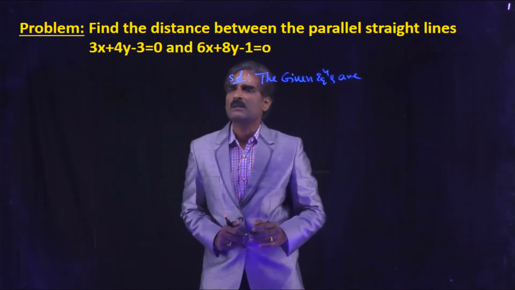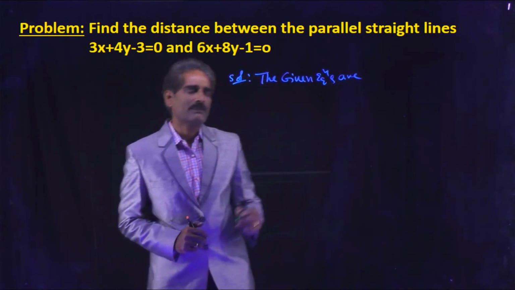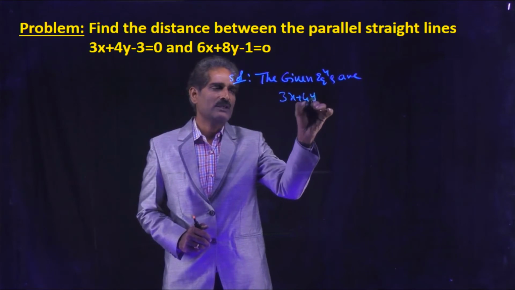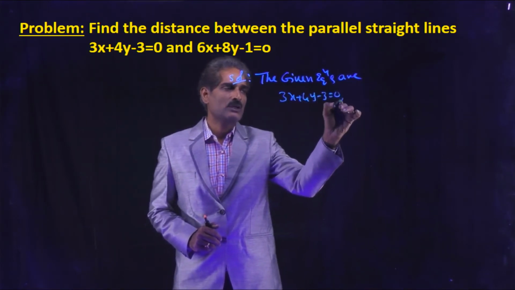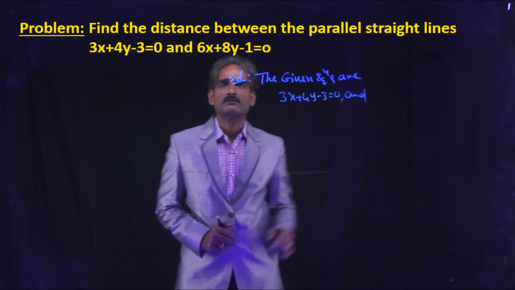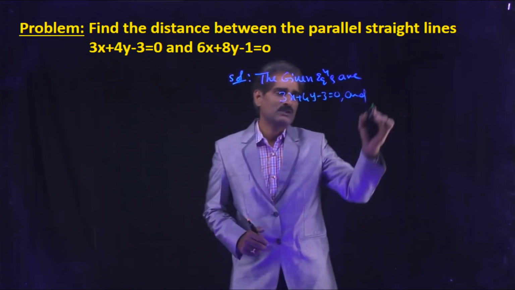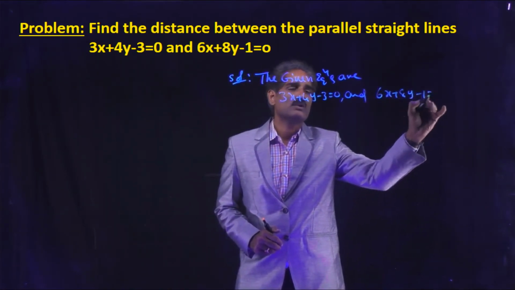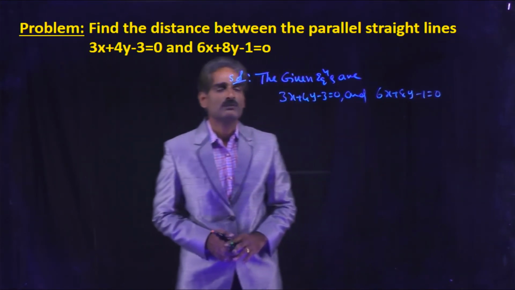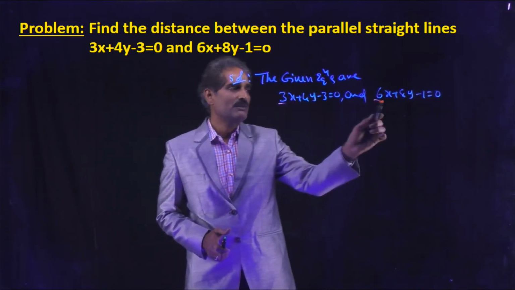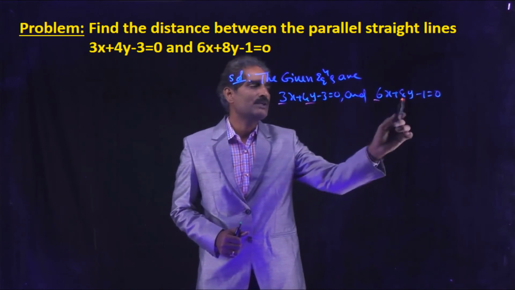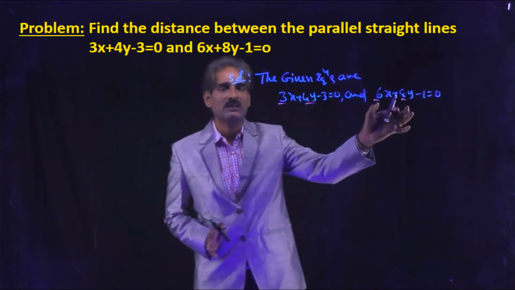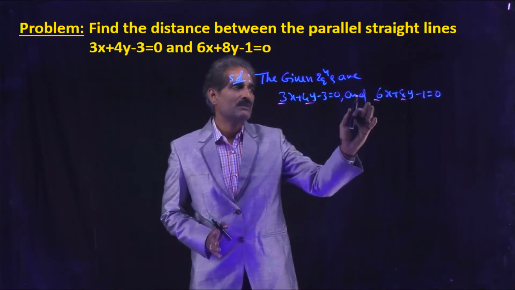So the given equations are: first one, 3x plus 4y minus 3 equals 0, and second one, 6x plus 8y minus 1 equals 0. Here observe that a1 by a2 equals 1 by 2, b1 by b2 is also 1 by 2. They are parallel, but the coefficients are not equal. So first of all make them equal.